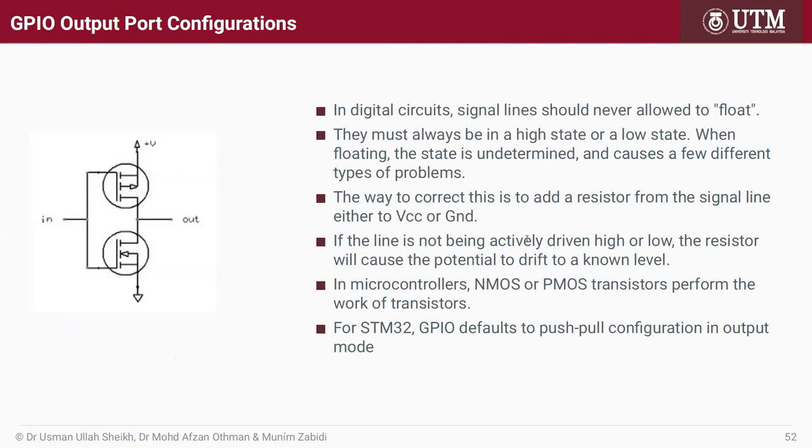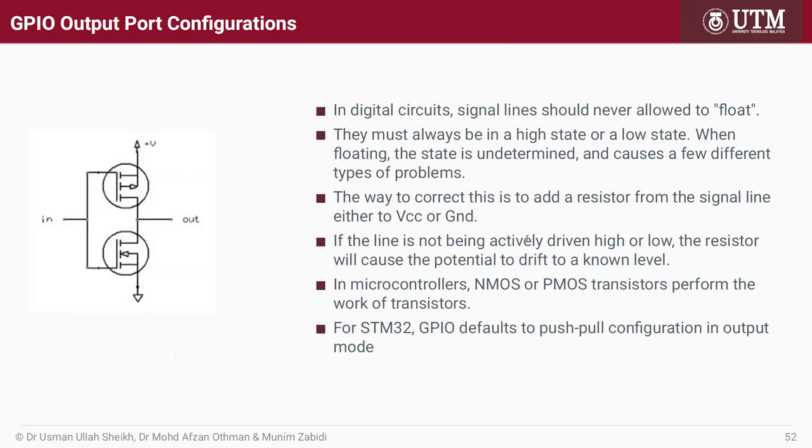Nowadays they have some protection, but the old one, it's possible to break. Also, if you float, you do not know what the value of the input is. So you must put it to high state or low state. If you float, then the state is undetermined. You do not know whether it's 0 or 1.